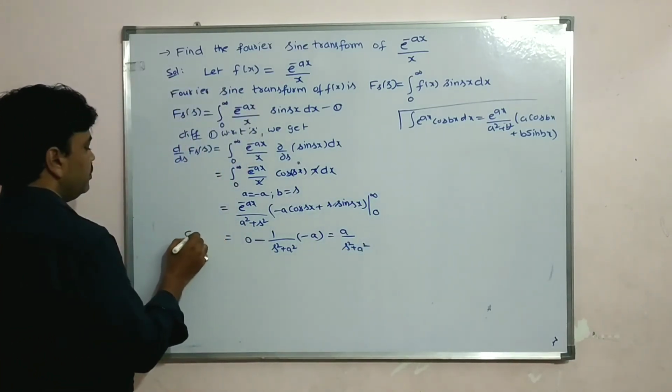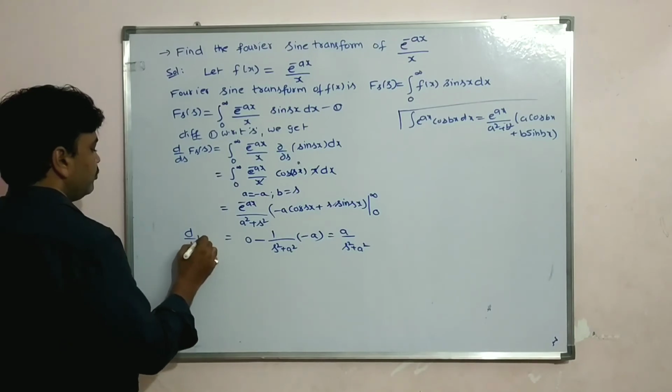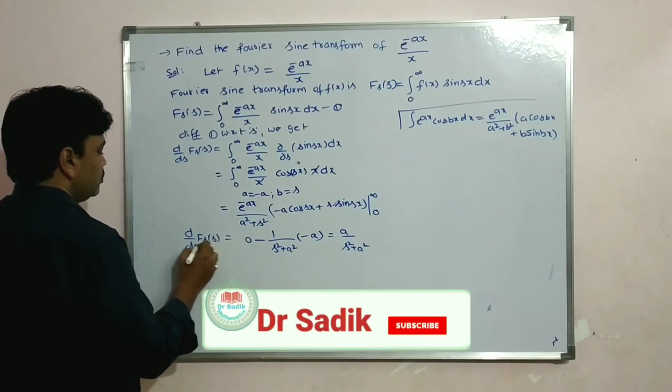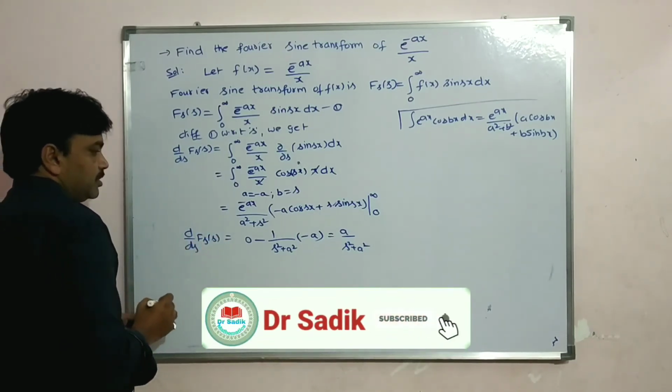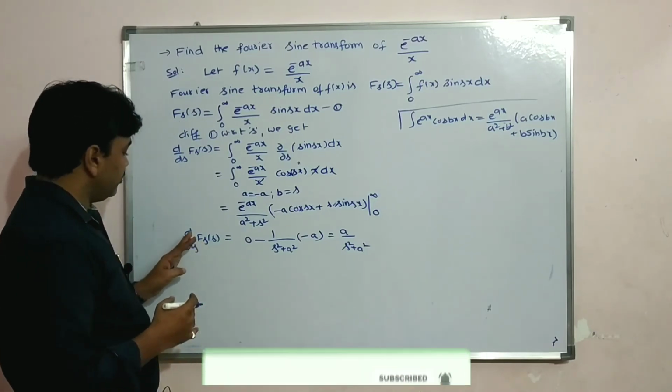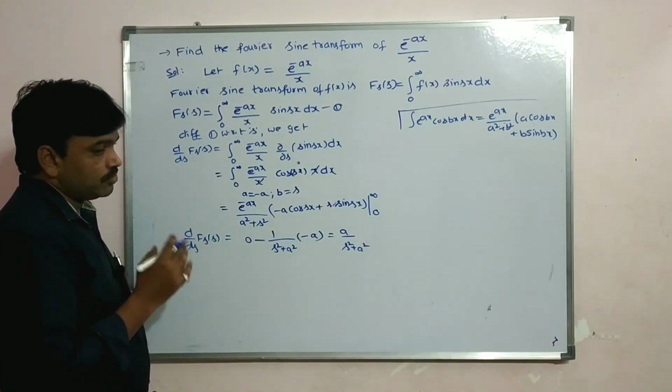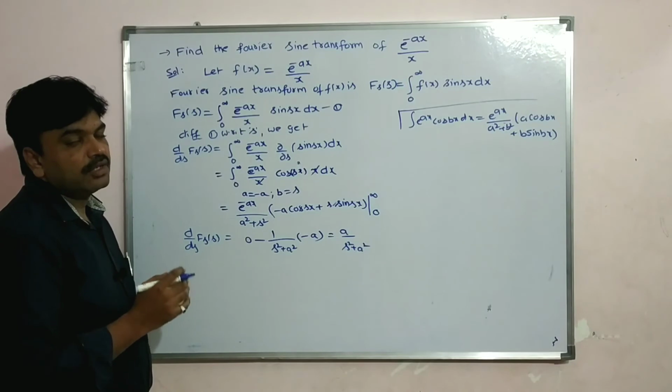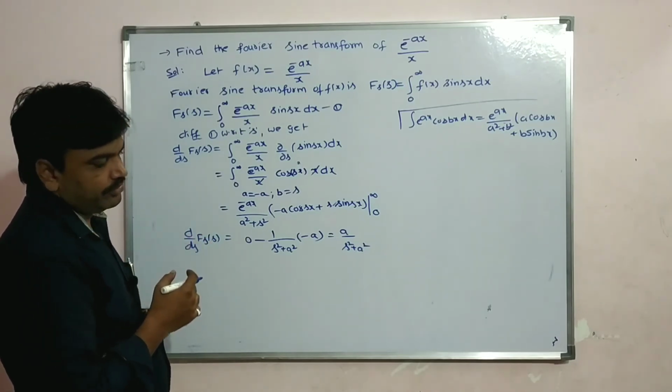This is d by ds of Fs of s. But we don't want the d by ds of Fs of s value, we need Fs of s.